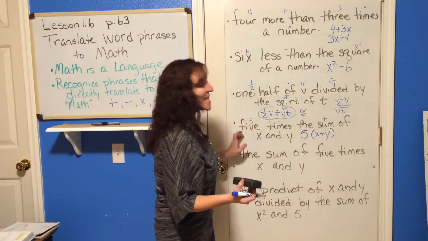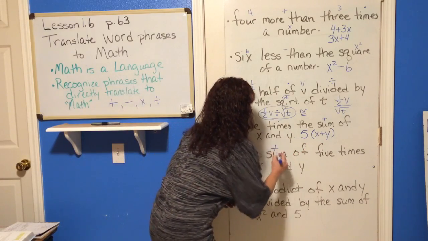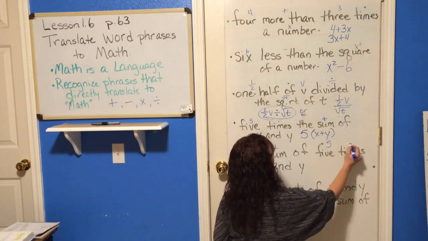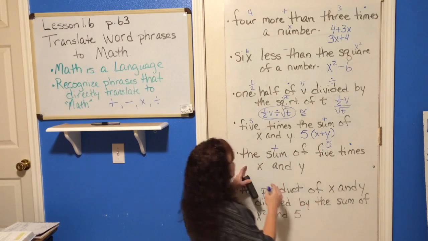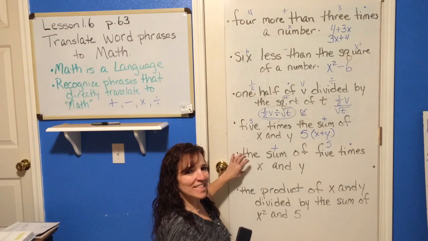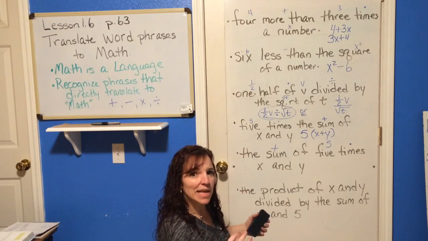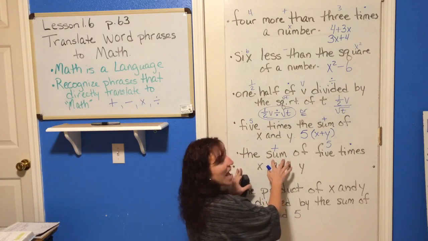All right, now let's see how this differs from the sum of 5 times x and y. So this looks very similar to this, but in the translation process, we've got to be careful. It's almost like the tenses have to be right here, okay? So the sum of, that says we're going to add 2 things.